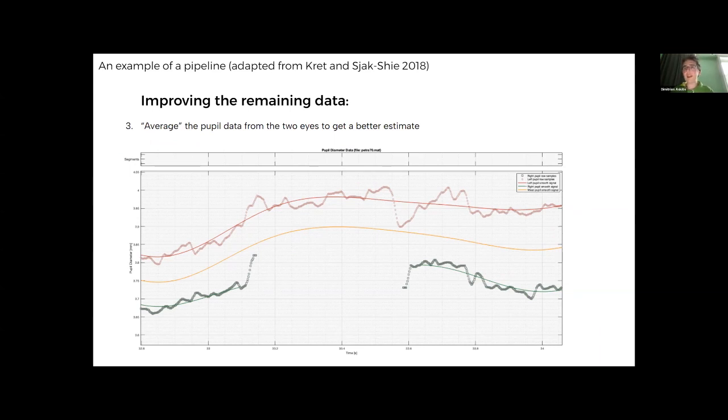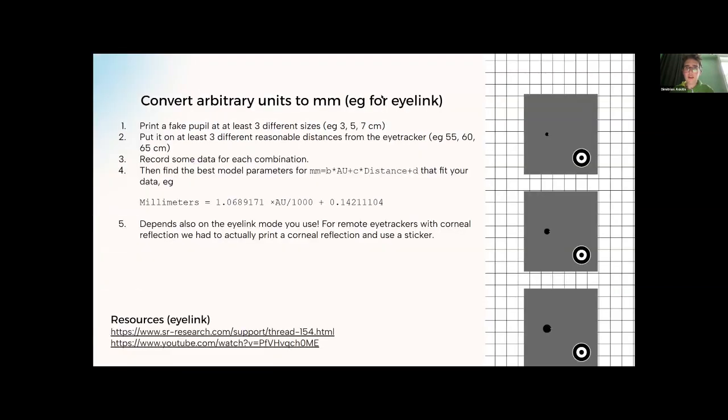In this way, we can have a good estimate of the mean pupil even while we have missing data from one eye, because for that time period the tracker lost track of one eye but was still tracking the other eye. And this was the pipeline.